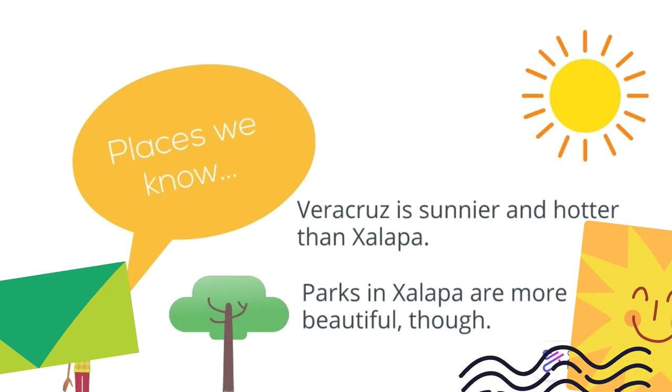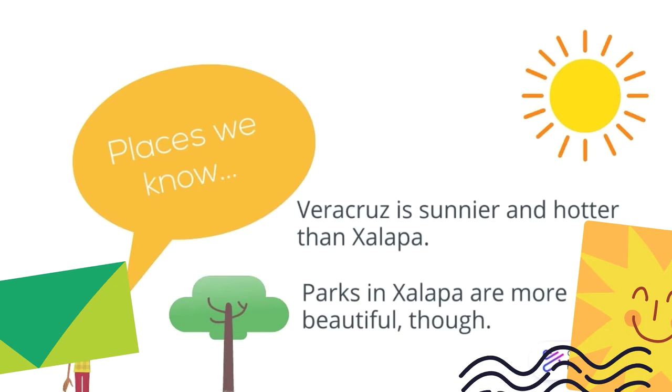Another thing we can compare are the places we know. For instance, Veracruz is sunnier and hotter than Jalapa. Parks in Jalapa are more beautiful though. So you see, here we are giving information about two cities that we all know. The opposite could also be true. We could say that Jalapa is cloudier and colder than Veracruz, and we know that's true for sure, okay?